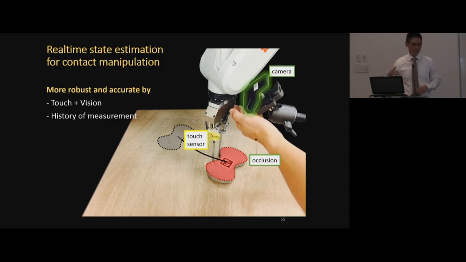That's why we add vision. Roughly, pushing for 10 centimeters is okay to predict, but after that we probably want the robot to move away and look at it again. That's the whole scheme.